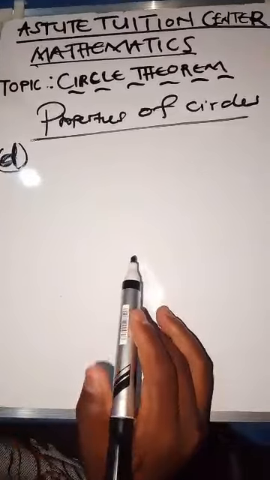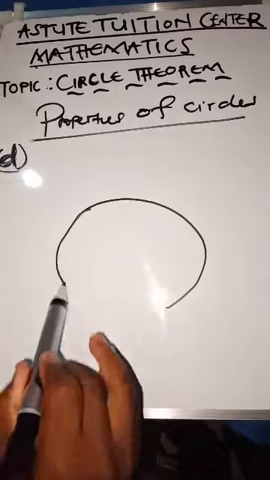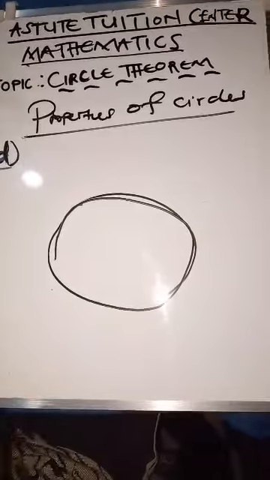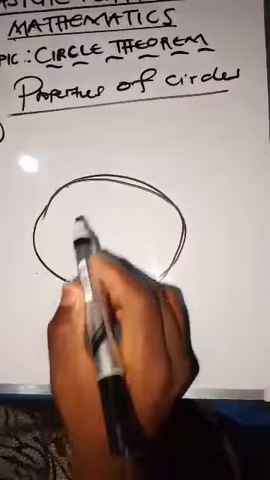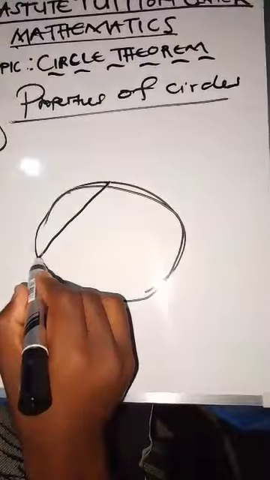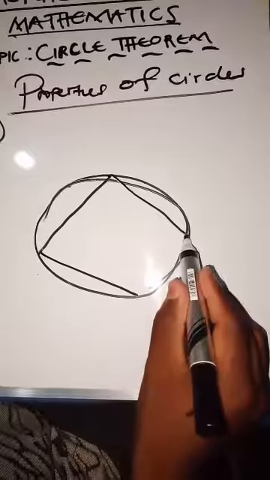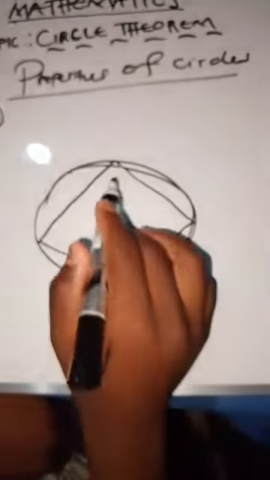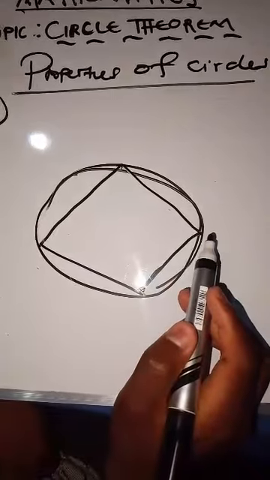So let us say you have got a circle. Okay, a circle. Then inside this circle, you have got a quadrilateral. It's like this. Okay, something like this. So now what you need to understand is that these opposite angles here add up to 180.